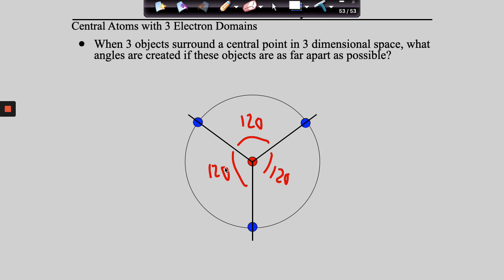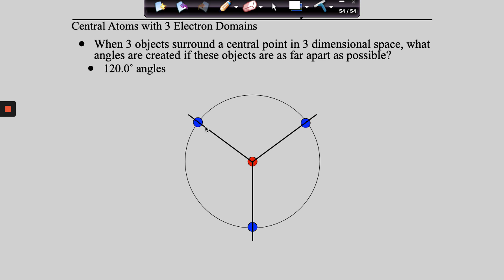Now, guys, the question is, what if we take this out of two-dimensional space and into three-dimensional space? And guys, the answer is it doesn't change. Even in three-dimensional space, these angles are 120-degree angles. So now we need to name this thing.